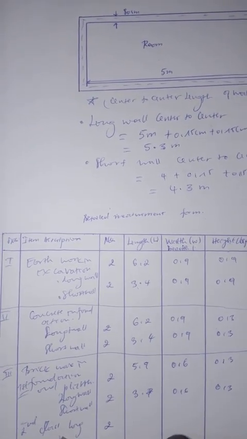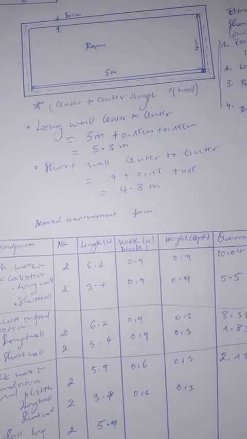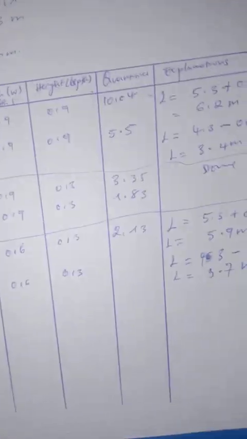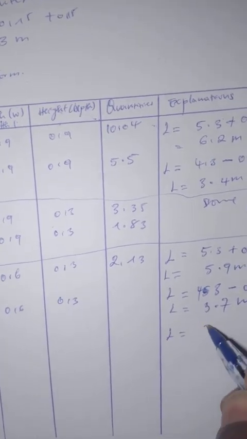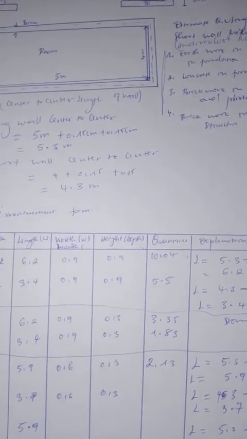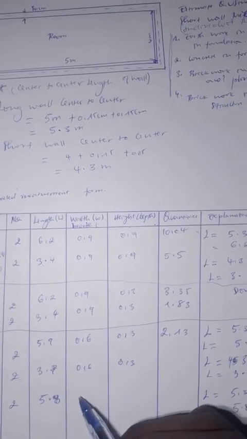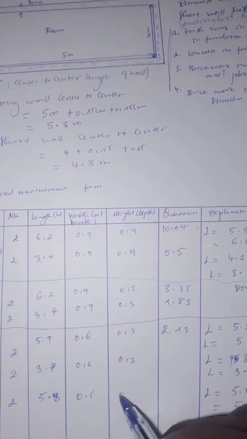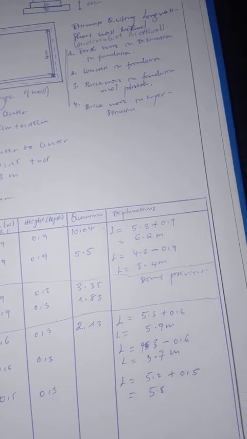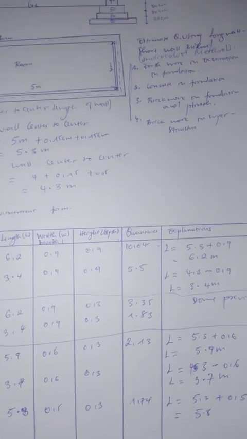For long wall, number is equal to 2, and the length is equal to 5.3 plus 0.5. Here we get 5.8. Multiply 0.5, multiply 0.3. Here we get the quantity as 1.74 cubic meter.